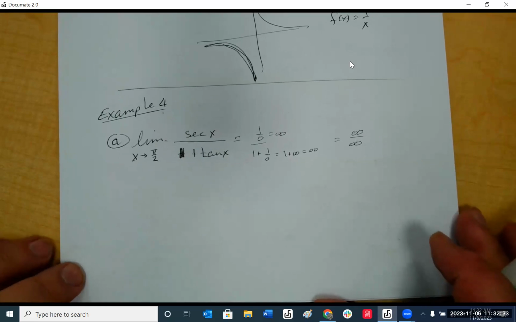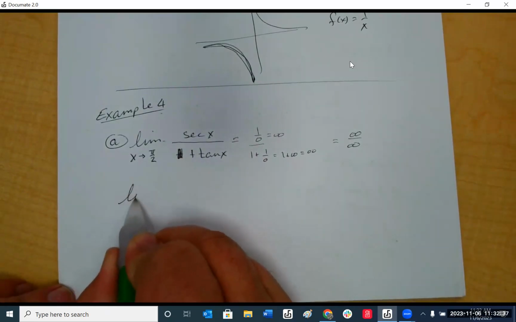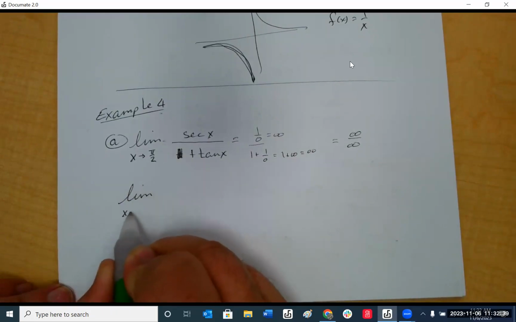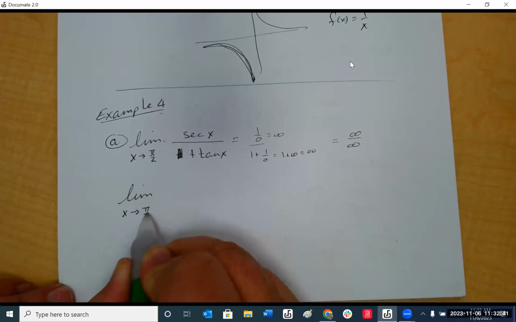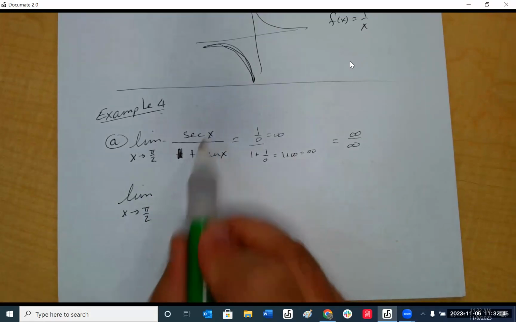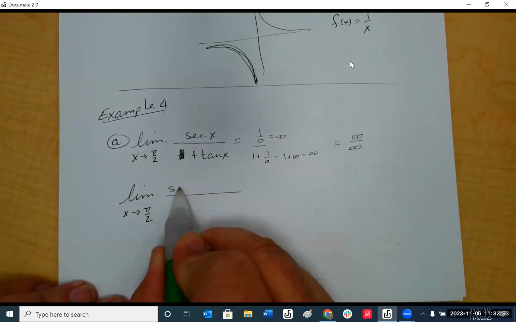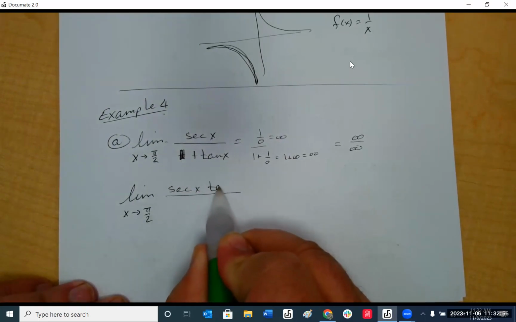Which is indeterminate. So we can use L'Hopital's, right? Very good. Yes. What was the derivative of secant? Remember, we can use our cheat sheets here. It's secant x tangent x.